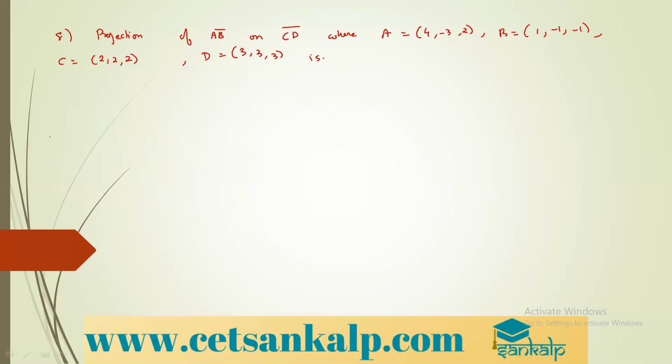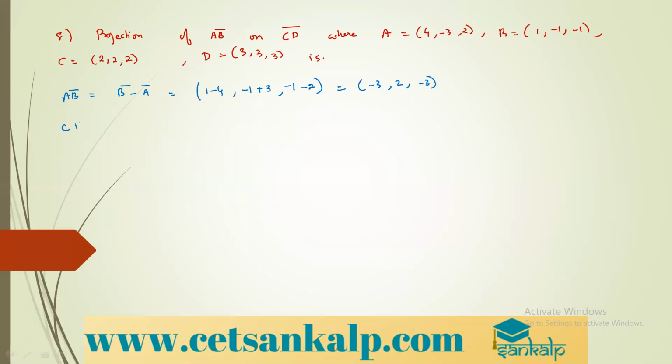So first of all, we have to find a few things which are important. We have to find vector AB. That is B minus A. So that will be 1 minus 4, minus 1 plus 3, minus 1 minus 2, or (-3, 2, -3).